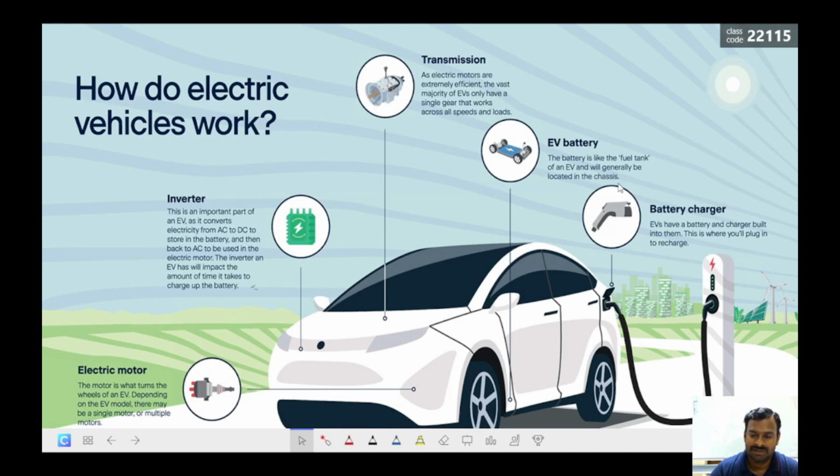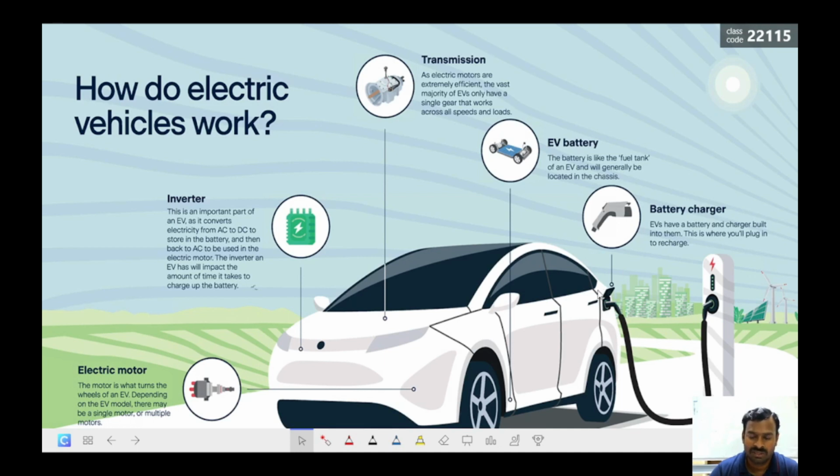There is a battery charger which is used to charge the battery. Whatever supply we are getting from the charging unit needs to be converted. If it is an AC supply, it needs to be converted into DC, or if it is a lower level voltage, the level needs to be increased, and the voltage and current have to be regulated before going to the battery unit.